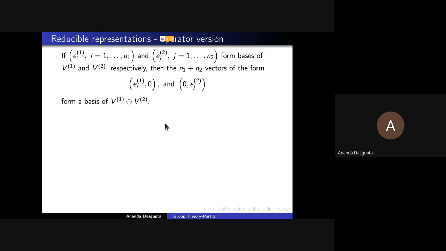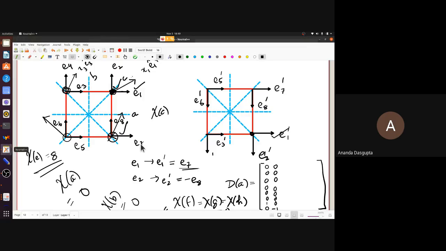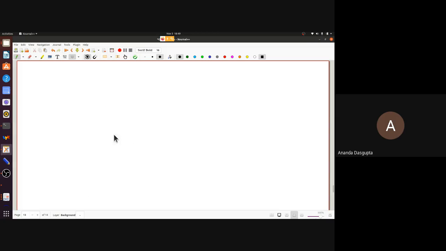That's rather easy to see because, okay, let me just show you what I mean here. So if I want an arbitrary vector from V1 plus V2, that's a single vector here, comma, another vector here.